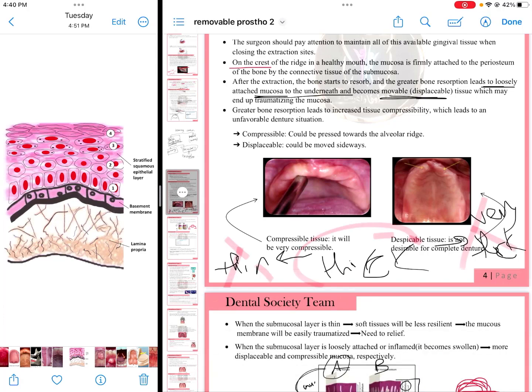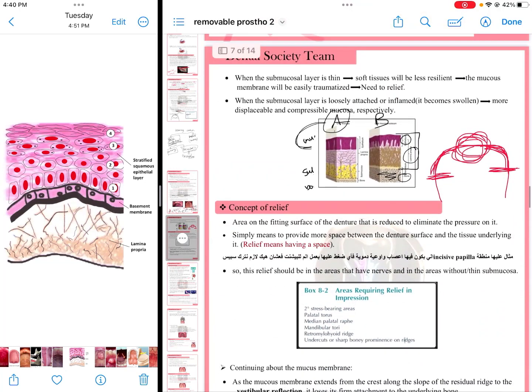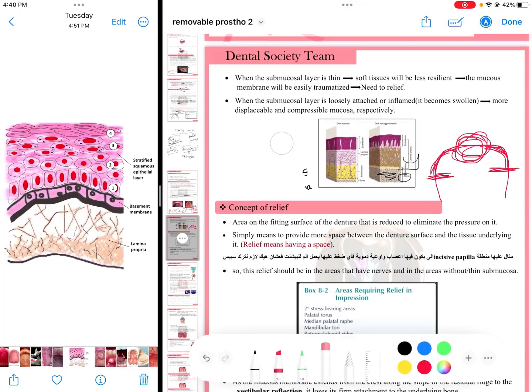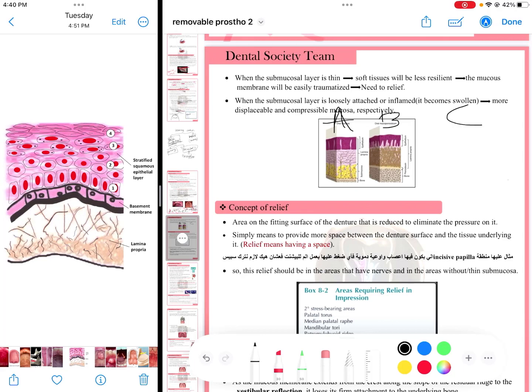Okay? So let's imagine this scenario. I have A, and we have B, and we have C. In C, the submucosa is too thick and then we have the bone underneath it.